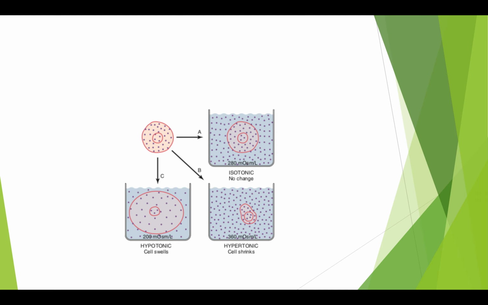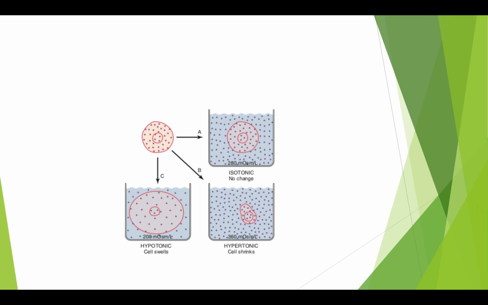What happens in cases of hyperosmolarity and hypoosmolarity? In cases of hyperosmolarity, as we see here, the cell in general shrinks because the fluid that is inside the cell goes outside the cell to reach an equilibrium.